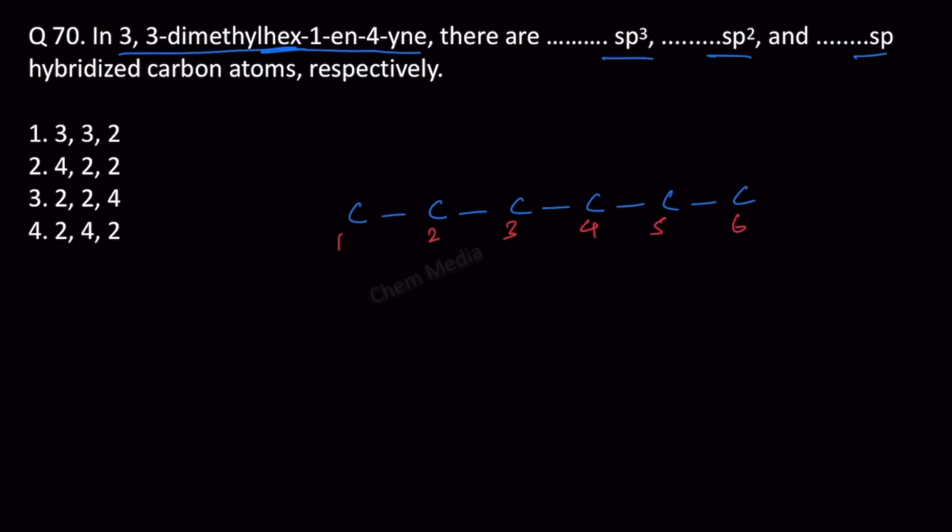At position 3 we have 2 methyl groups. Therefore CH3, CH3. At position 1 we have a carbon-carbon double bond. At position 4 we have a triple bond. Let's fill hydrogen at remaining positions so that we can satisfy the valency of carbon.